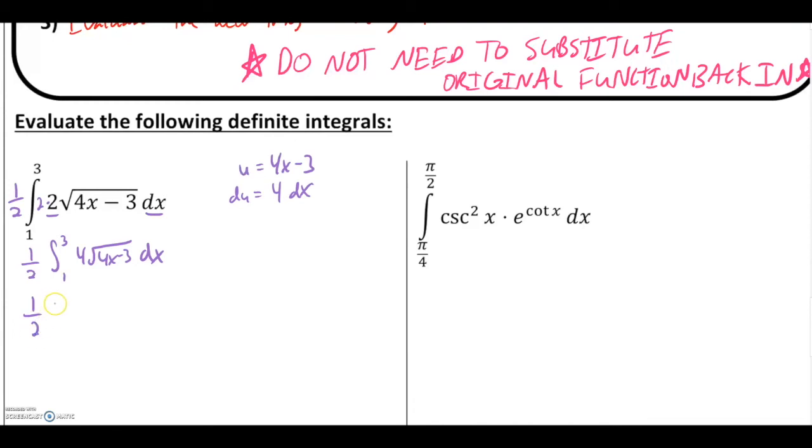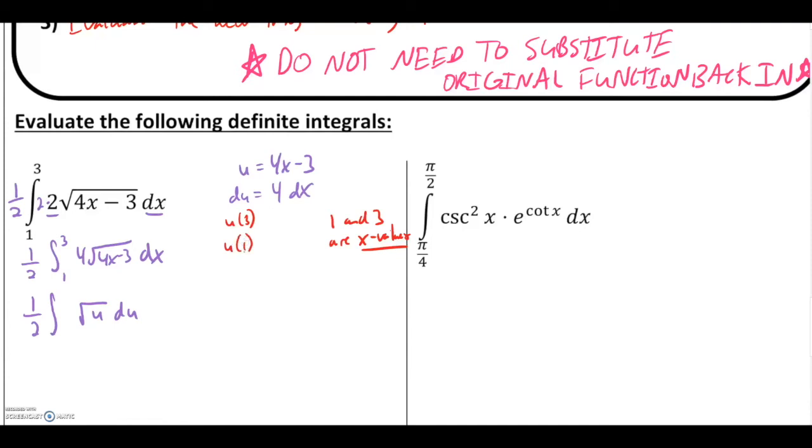This will become the integral of square root of u du. But here's where step 2 from the directions above comes into play. 1 and 3 are x values. If we're going to change any part of this to another variable, we need to change every part of it to another variable. So we're going to change both boundaries. For that top boundary, we want to know the u value when x is 3.